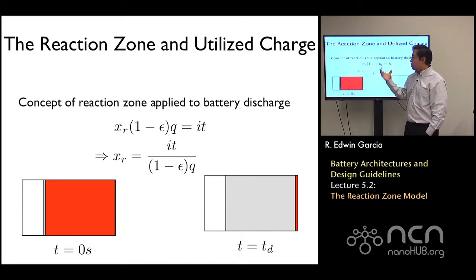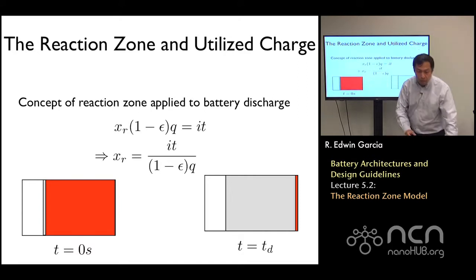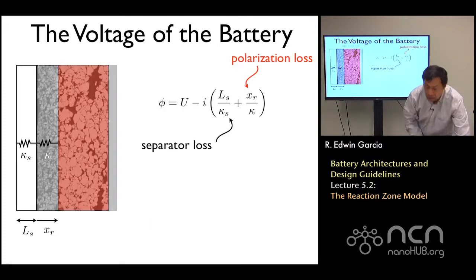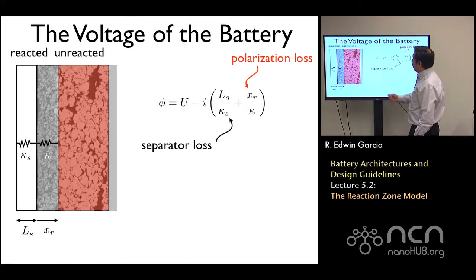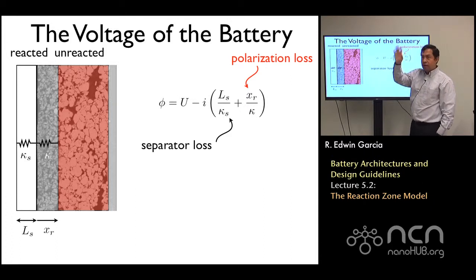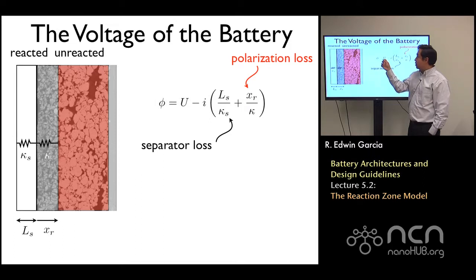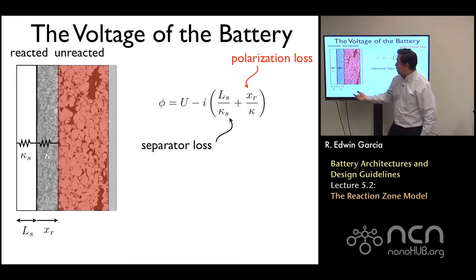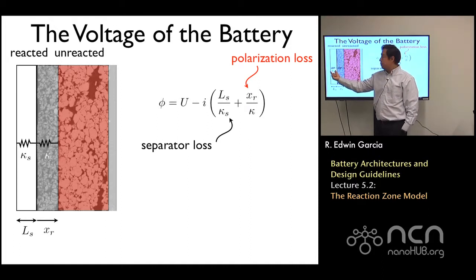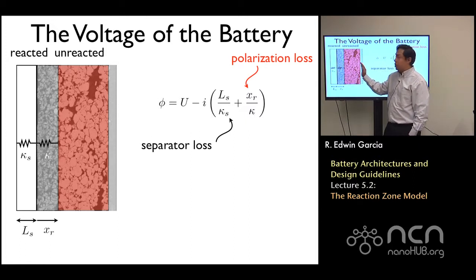Okay. Now, how does this relate to the voltage of the cell? Well, that becomes very straightforward. Basically, what we want is to have the total voltage of the cell be the equilibrium potential as we derived and discussed it a few weeks back, and subtract all the ohmic losses: the loss due to the separator, minus the loss from the distance of reacted material, basically the reaction zone, as this boundary is moving to the end of the cell.